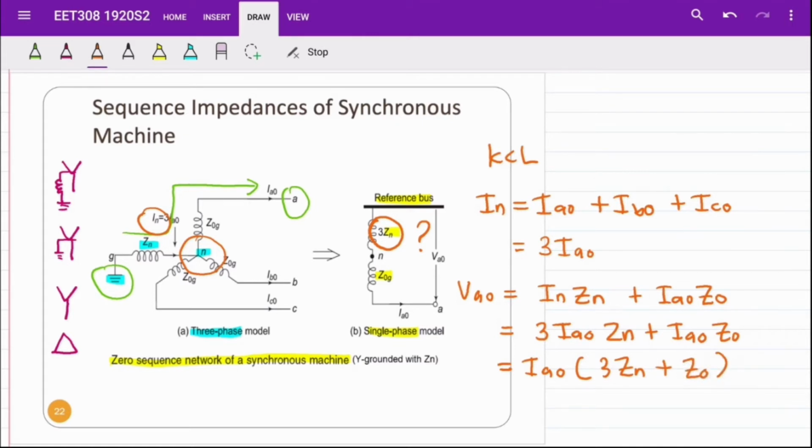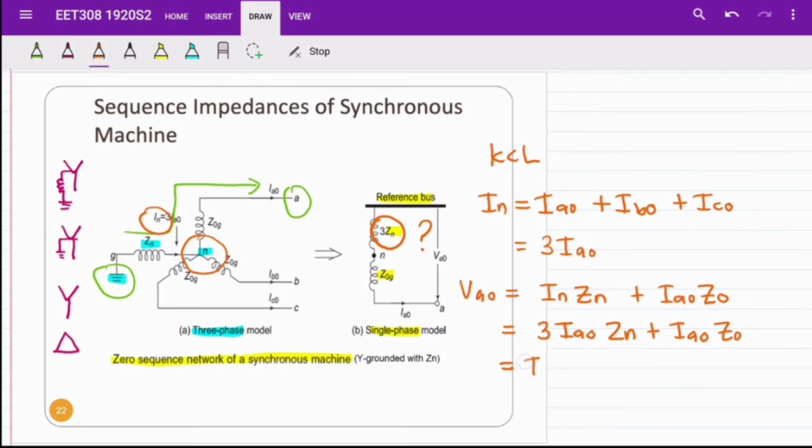And then we simplify the equation, we factorize the IA0, then we get IA0 times (3Zn plus Z0). So this is how we get 3Zn in the single-phase diagram.